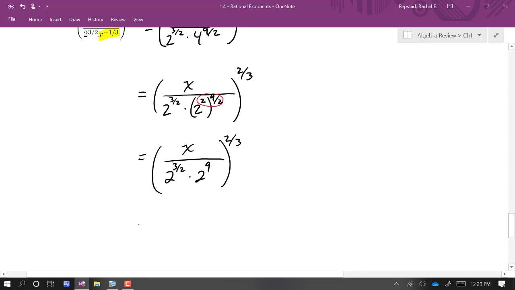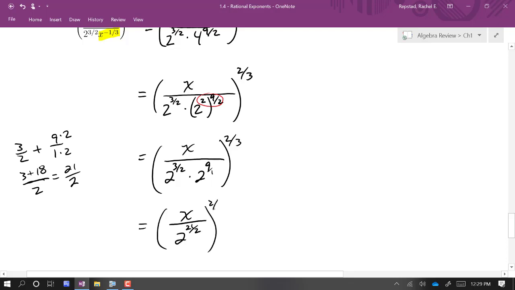And we can simplify that product in the bottom. That's 9 over 1. So if I add those exponents, we have, let's see, 3 plus 18 is 21. 21 over 2. So we have x over 2 to the 21 over 2 power. This is all to the 2/3 power.